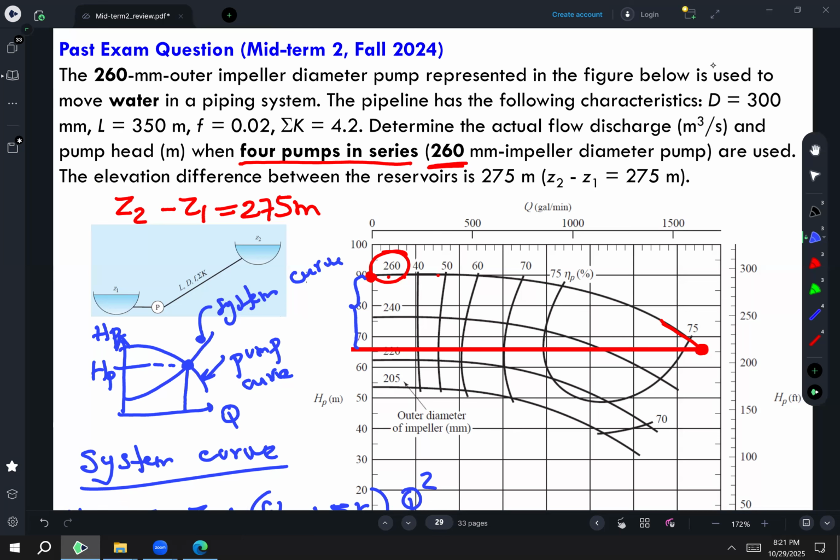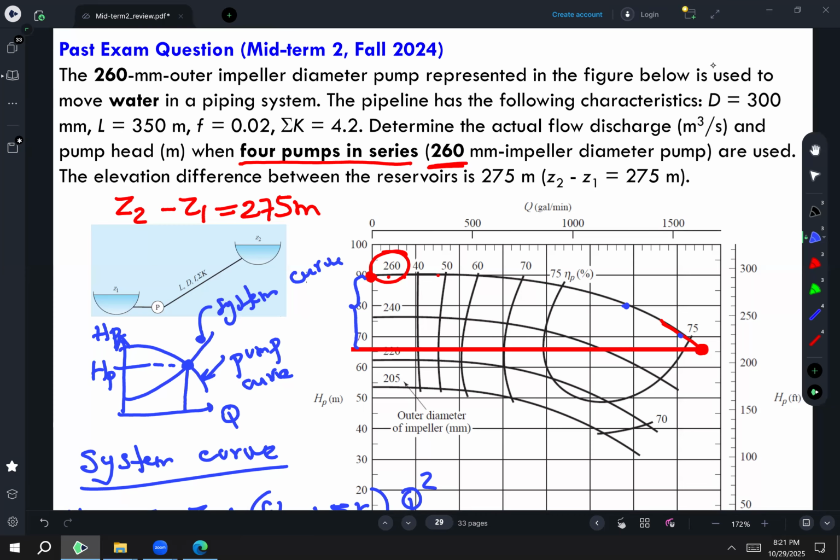So we can choose, for example, this point, or somewhere this point, because that is kind of dividing the head between the beginning and the end in two parts, and in that way we are representing the curve properly.